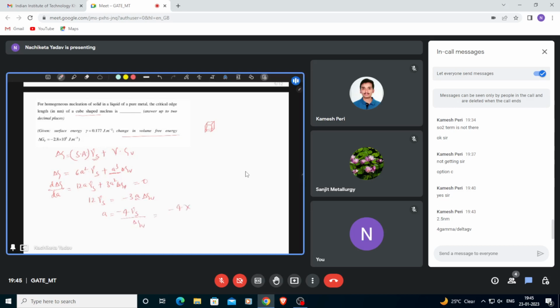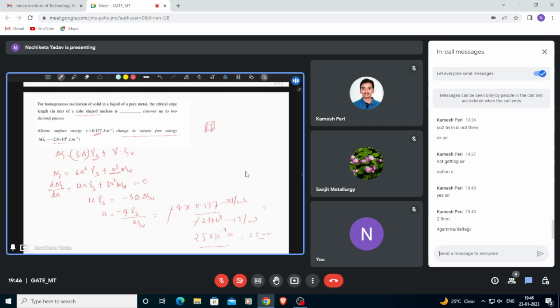Gamma s is given as 0.177 joule per meter square, and delta GB is minus 2.8 into 10 to the power 8 joule per meter cube. If you calculate, you will get nearly 2.5 into 10 to the power minus 9 meter. It is asking in nanometer, so 2.5 nanometer.